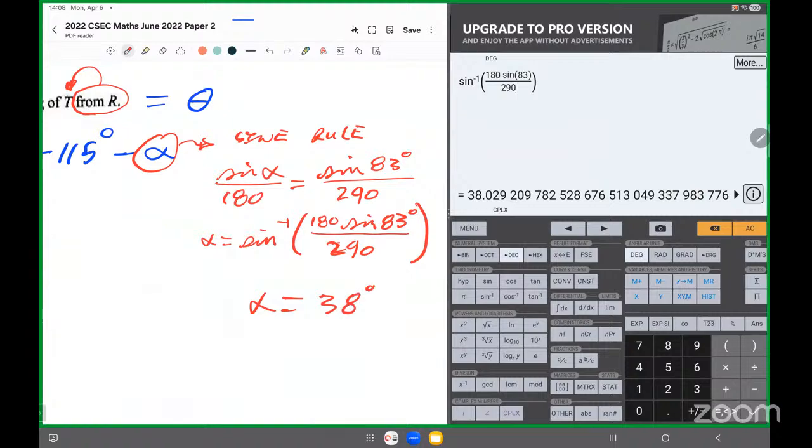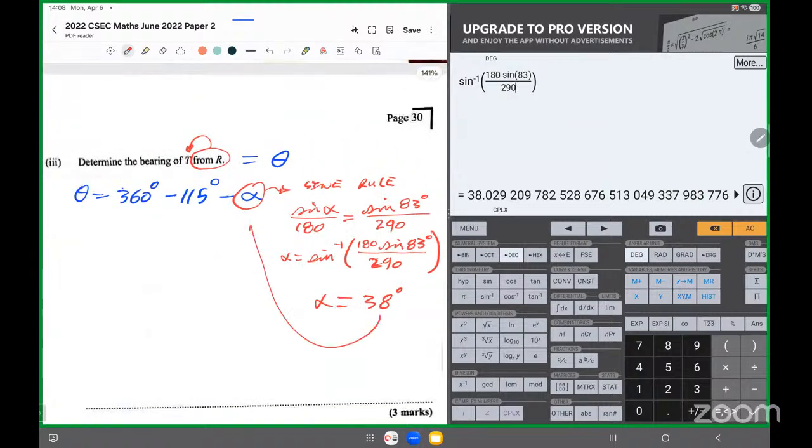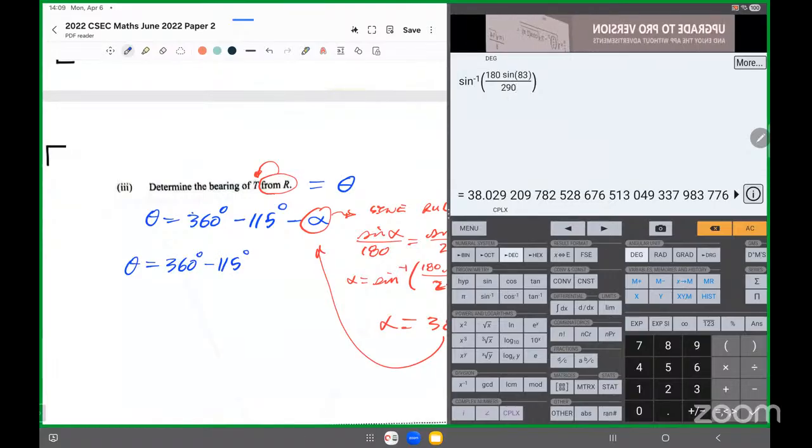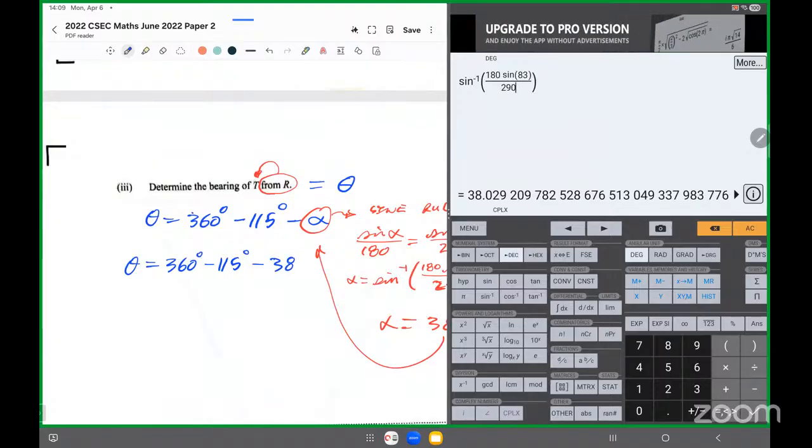So alpha is 38 degrees, and we go back right here to get the theta that we want, the bearing angle.